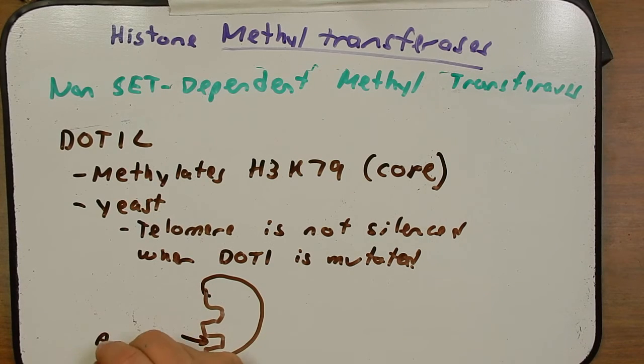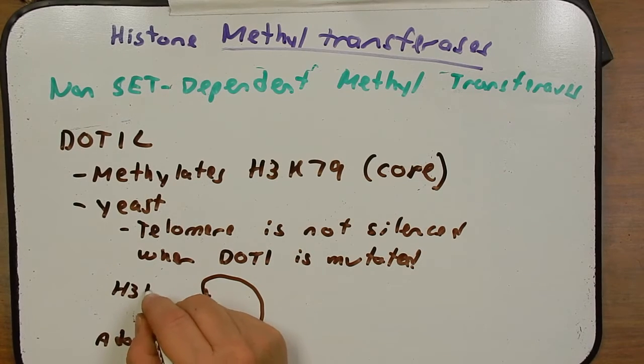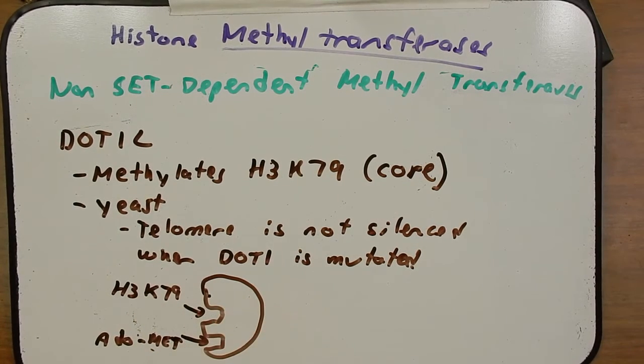One of them takes in AdoMet to provide the methyl group necessary to transfer. And over here would be that H3K79 binding site, with that same idea of keeping that methyl group close to the substrate where it's going to attach to. That's all I want to say about these non-SET dependent methyltransferases.